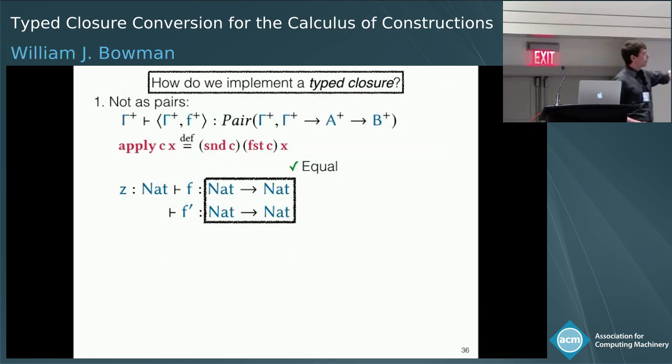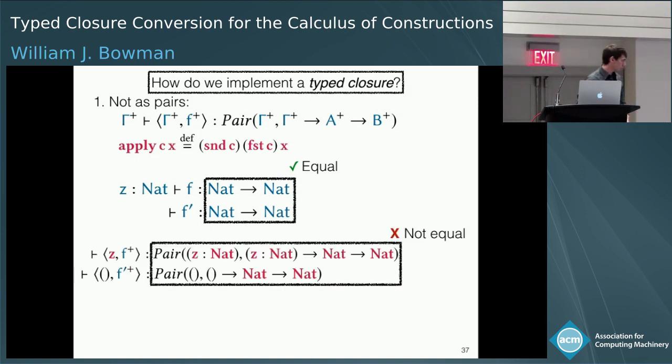Just to see why, we can look at this example where we have two functions, f and f prime, of the same type, nat arrow nat. But f, in its definition, refers to some free variable z, and f prime is already closed. Now in the source, these functions have the same type, so we can use them in arbitrary contexts that expect a nat arrow nat.